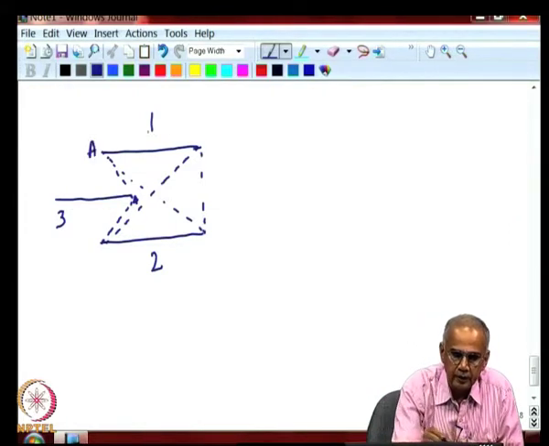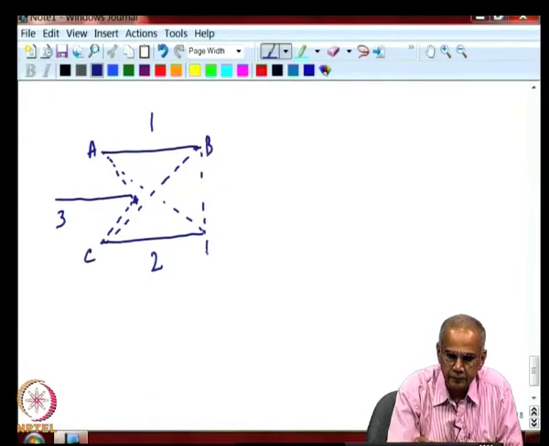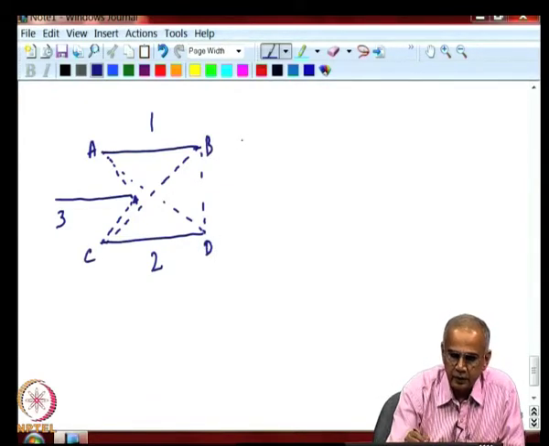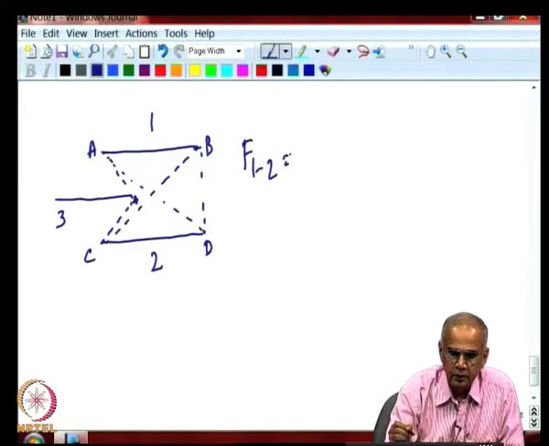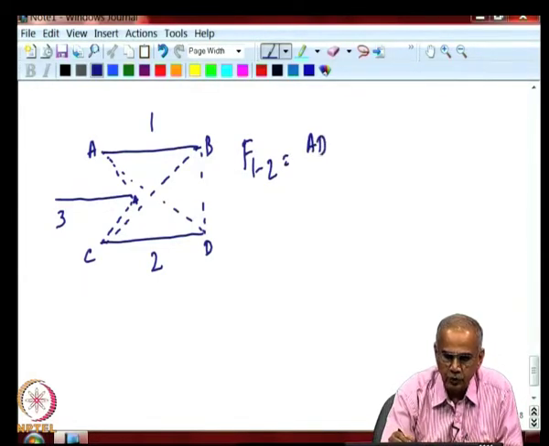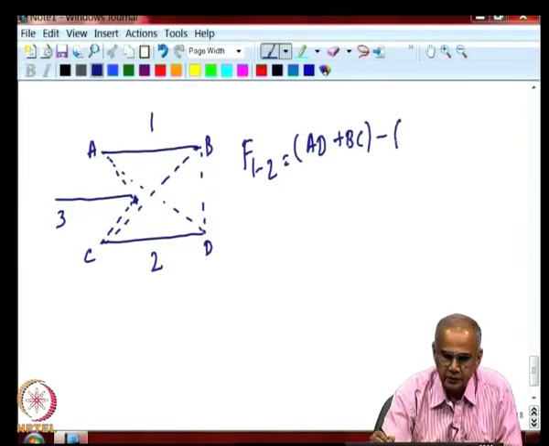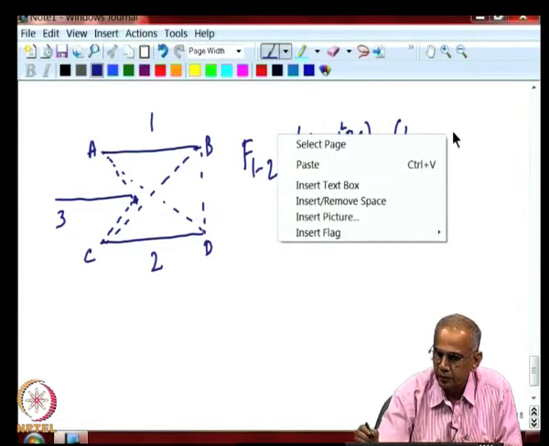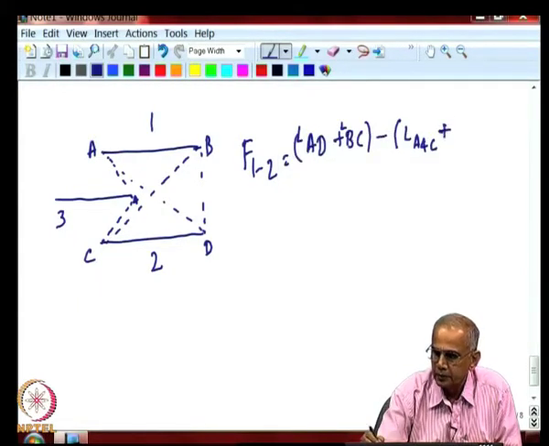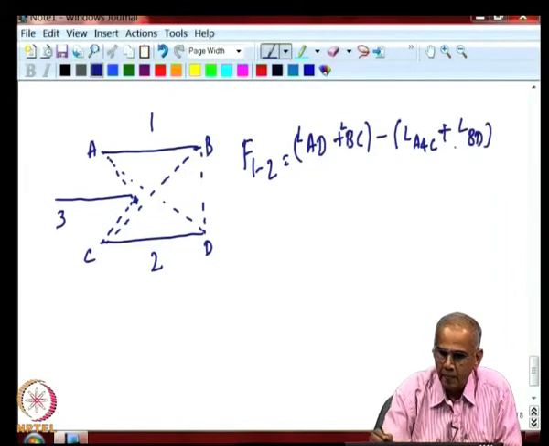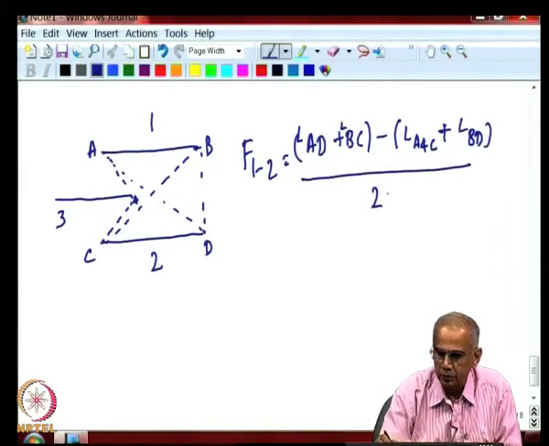Let us call these A, B, C, D. So, you can clearly see that F12 will involve adding the two cross strings, which are very easy, no problem, minus the two parallel strings, which is the length of BC, then the length of A4C, plus the length of BD, divided by 2 times the length of 1.